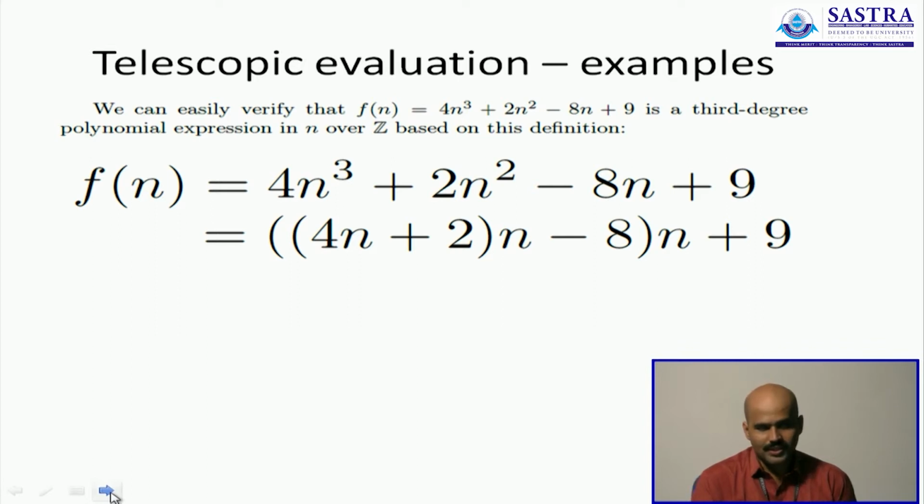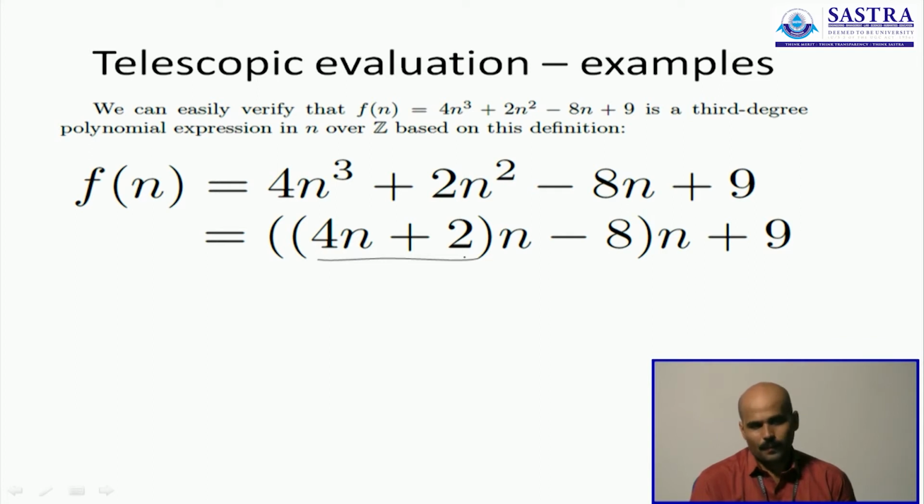Now, on your screens, I have evaluated a third degree polynomial by using the method of telescopic evaluation. And how is that done? Look at the polynomial. It's a very simple cubic polynomial. We have 4n raised to 3, 2n raised to 2, 8n and 9. We have 4 terms in this expression, and now we are going to try and break this down into simpler terms where every term has only a power of 1. And how is that done? You have 4n plus 2. So the very first term, which was actually 4n to the power 3, is written as 4n plus 2.